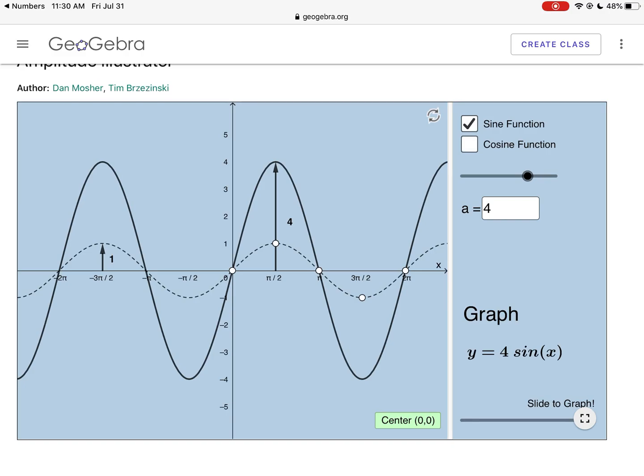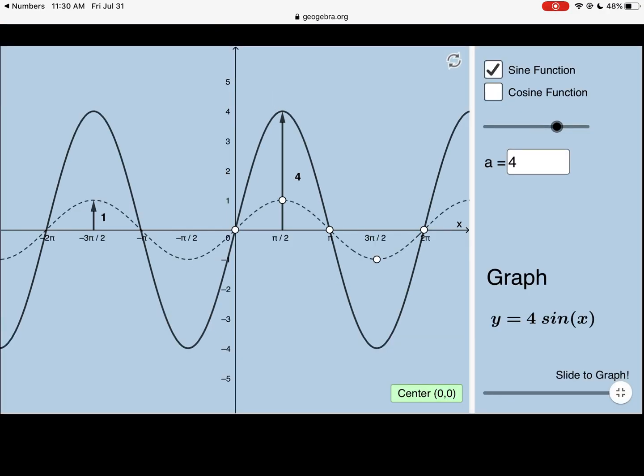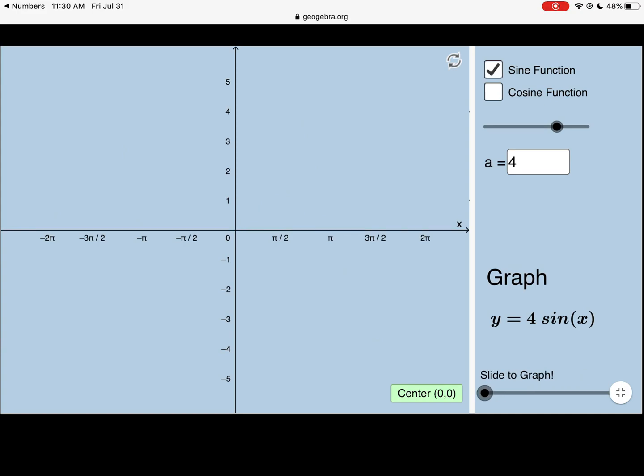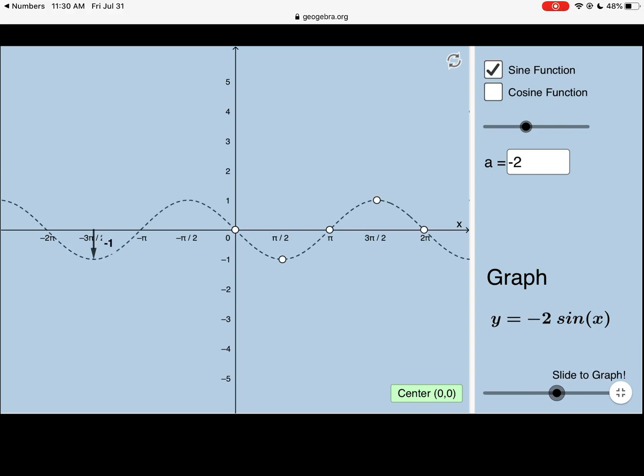What if a were a negative value? All right, let's reset this. And I'm going to make a, how about just -2? All right. So now, once again, you'll see the sine function graphed.